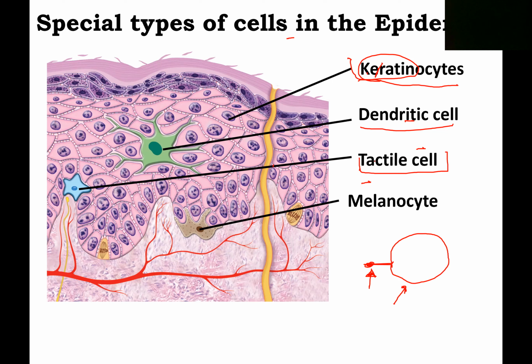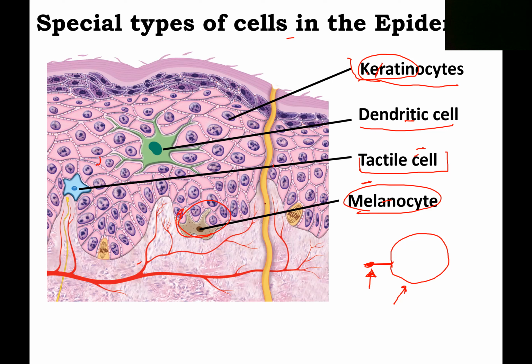The fourth type of specialized cells are the melanocytes. Those are mostly down here in the deep part of the epidermis. Notice they have little finger-like extensions that carry the pigment out. These are the ones that secrete melanin, the orangish-brown pigment that helps reduce the impact of sunlight.